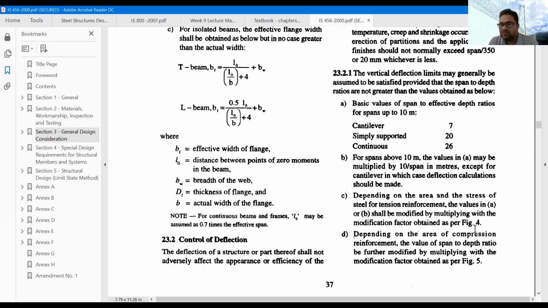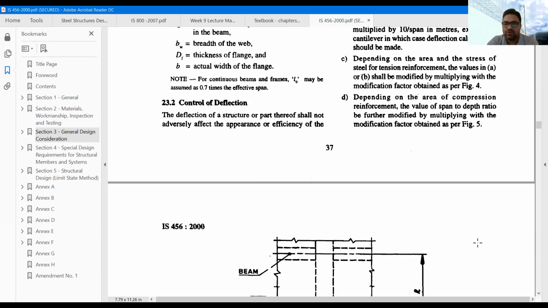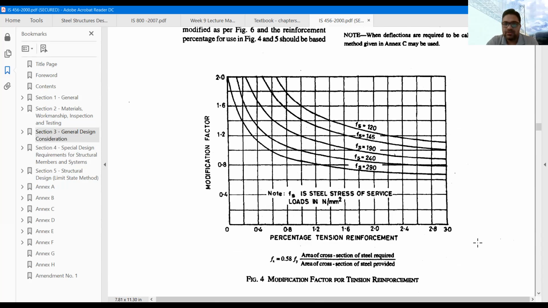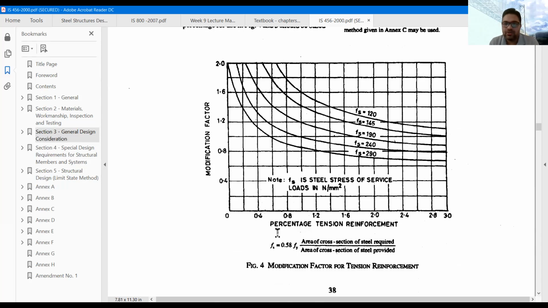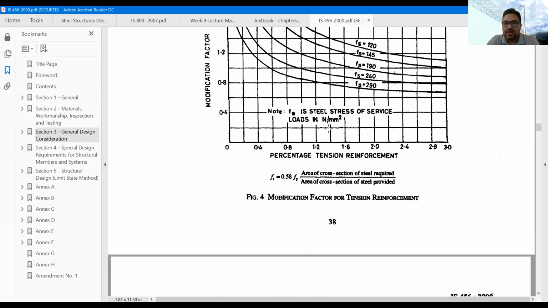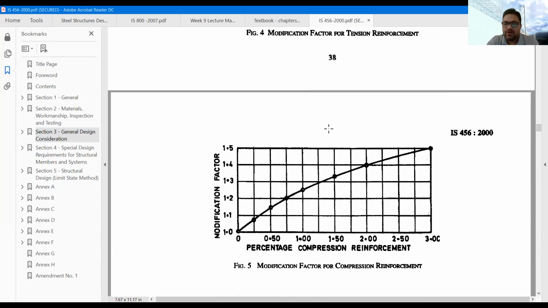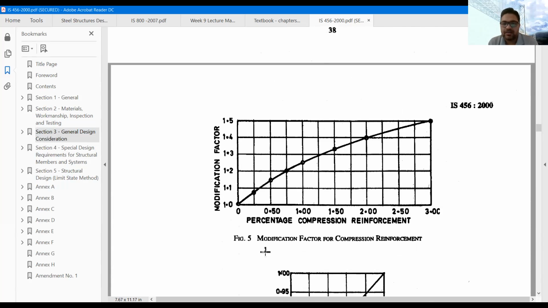I will show you figures 4 and 5 in the IS code. This is figure 4 to find out modification factor 1, and this is dependent on the amount of tension reinforcement, which means AST. To find out MF2, we will use this second diagram, figure 5. This will be the modification factor for compression reinforcement.